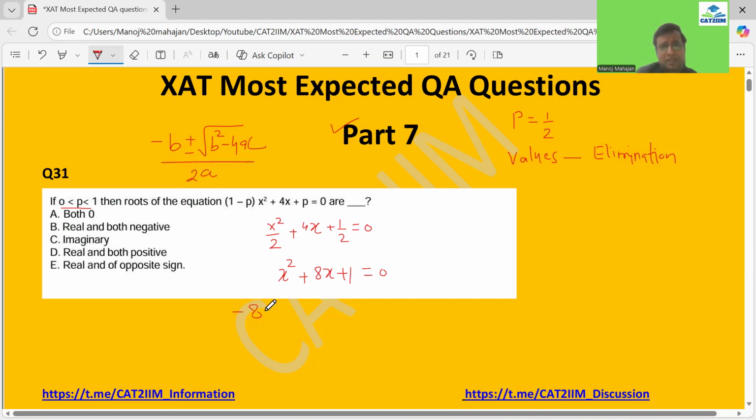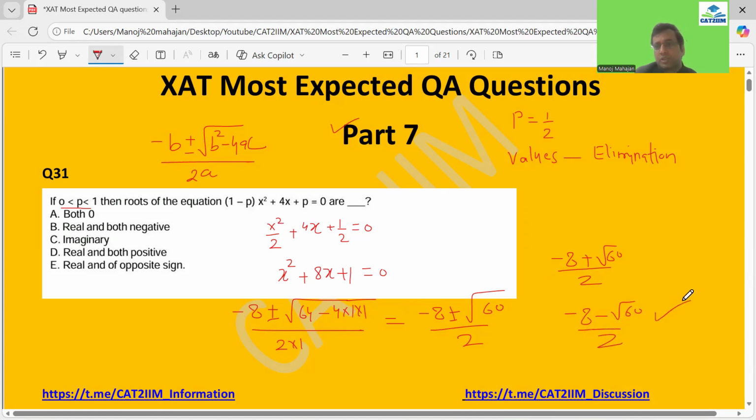Minus 8, plus minus root b square, that would be 8 square, 64, minus 4 into 1 into 1, upon 2 into 1. So what do I get? Minus 8 plus minus root 60 by 2. One of the roots is minus 8 plus root 60 by 2, and the other is minus 8 minus root 60 by 2.